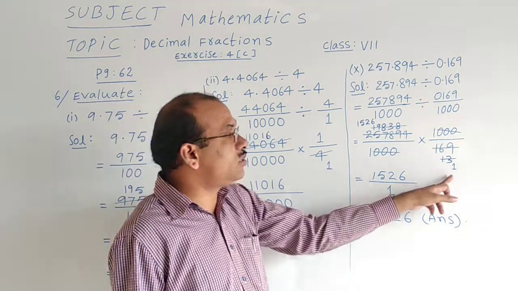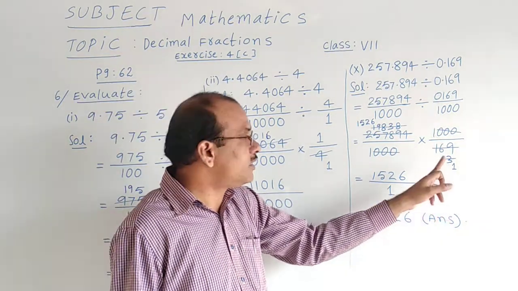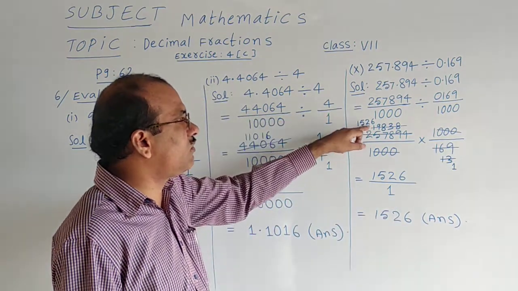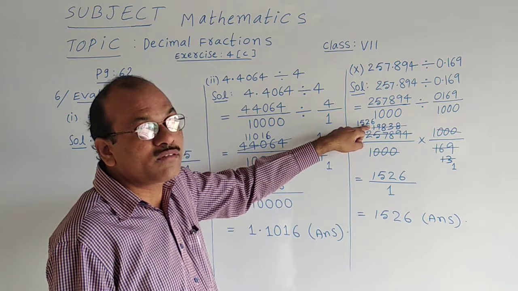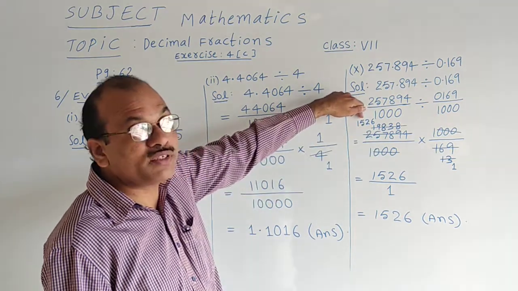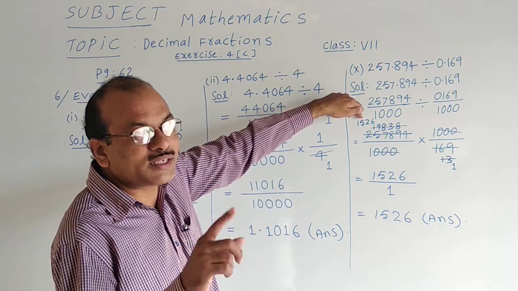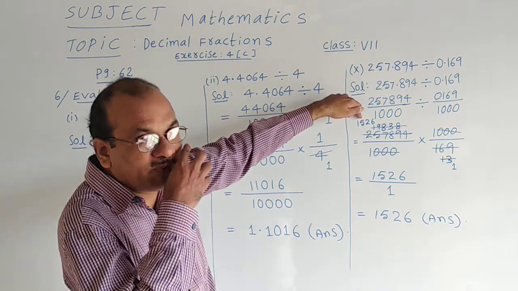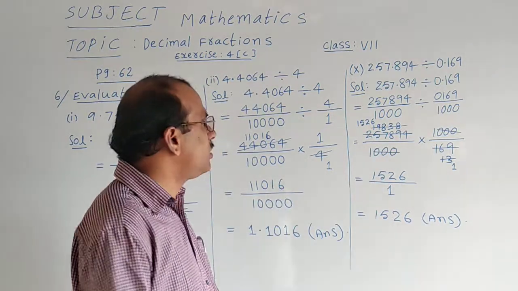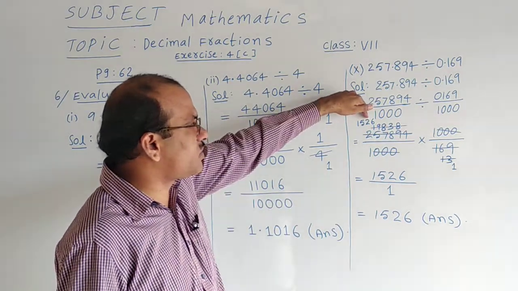Again I have used the 13th table to cancel. 13 ones are 13, again here 13 ones are 13 filled in the 19. Then 6 is left, side 8, 68. 13 fives are 65. In the 68, 65 is filled. Then 3 left, side 3, 33. 13 twos are 26.